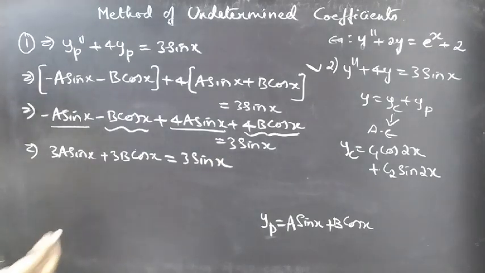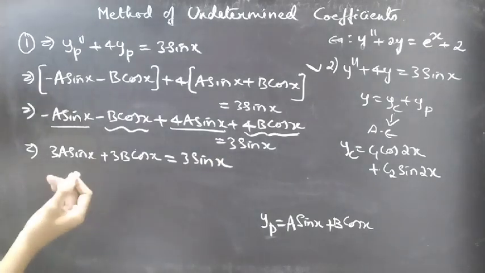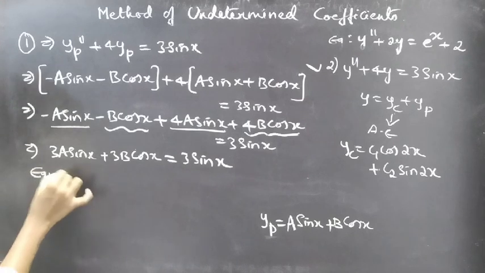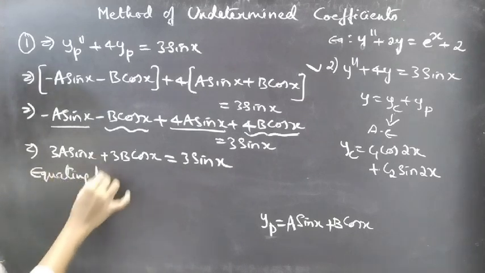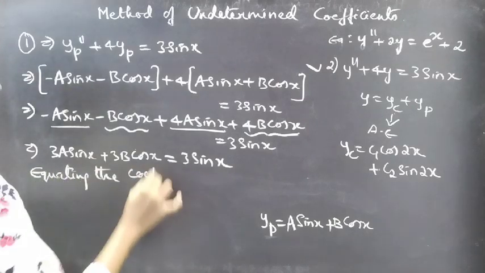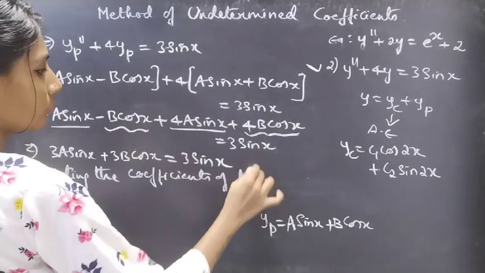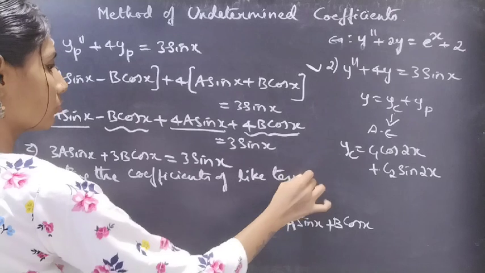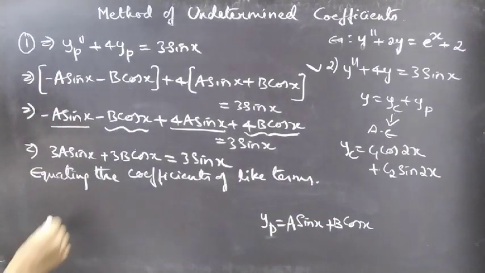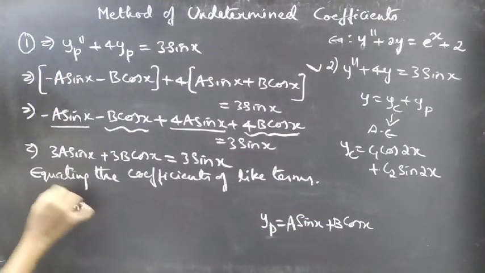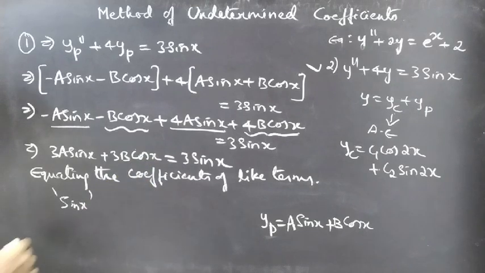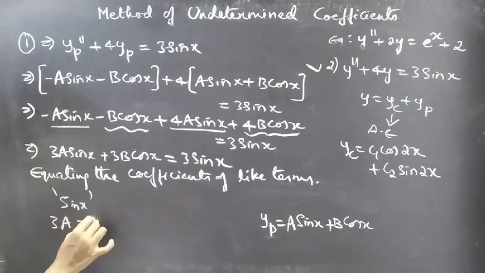Now we are going to equate the coefficients of like terms. We'll begin with sin x, because we have a sin x term in the RHS, which is more convenient. 3a equal to 3.